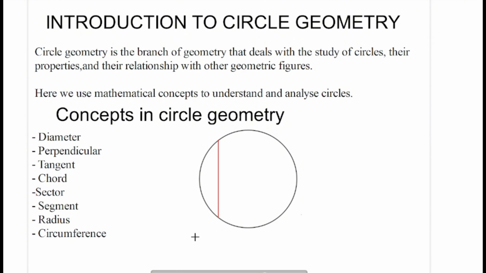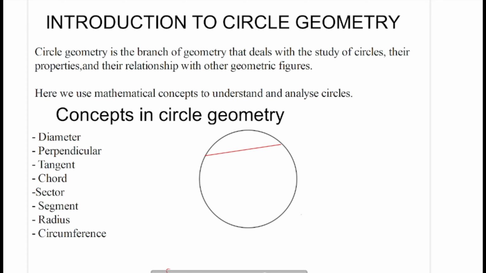A diameter can also be a chord. A radius can also be a chord. So a chord is just a line that divides a circle into parts.